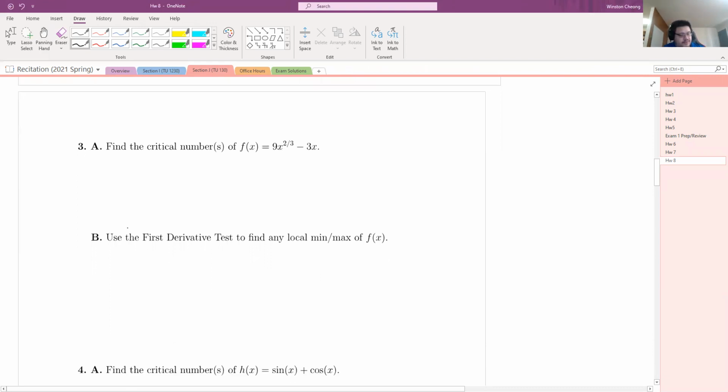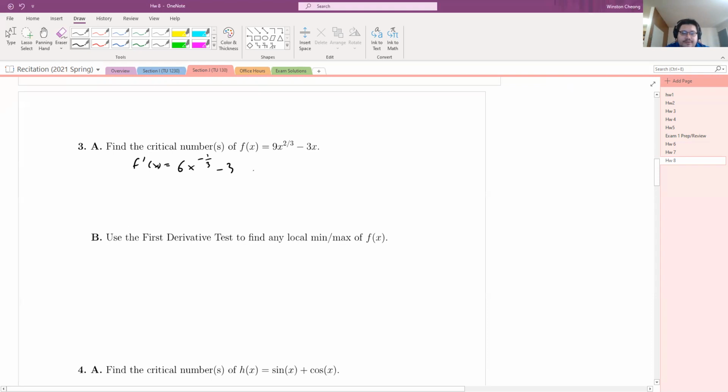So yeah, 3 is a little bit trickier. When we take the derivative, we're going to see that it is a little bit trickier. And in fact, this is where the undefined part is going to matter a little bit. So, okay, taking the derivative, we're going to end up with 6x to the negative 1/3 minus 3.